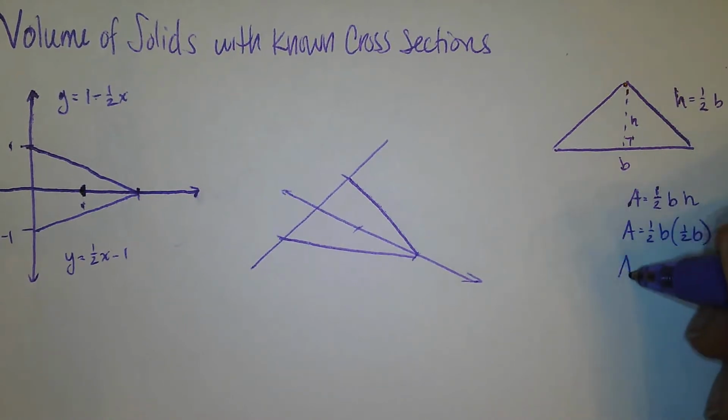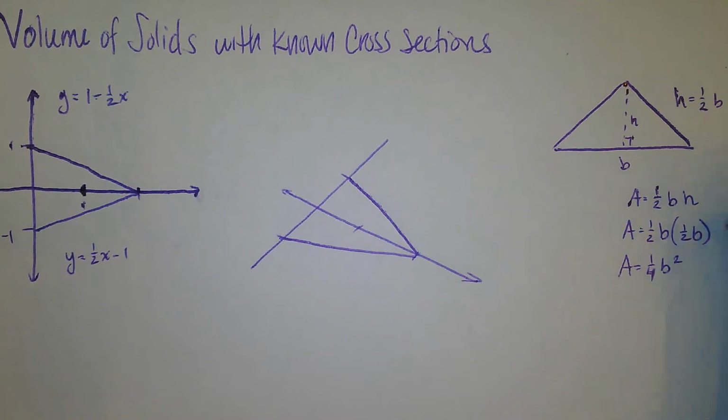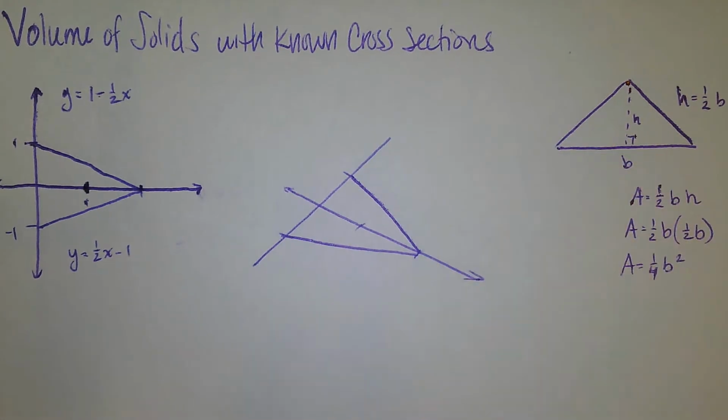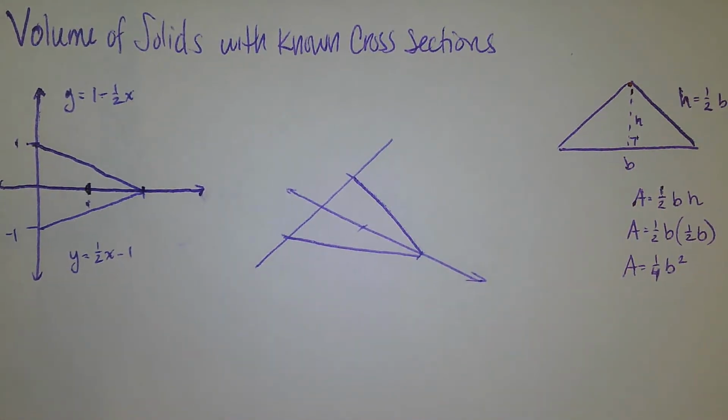If we multiply that out, that's going to be 1/4 base squared. Okay, don't worry too much about that. So now each cross section of this is going to be this exact triangle in this ratio. So, how are we going to figure this out?